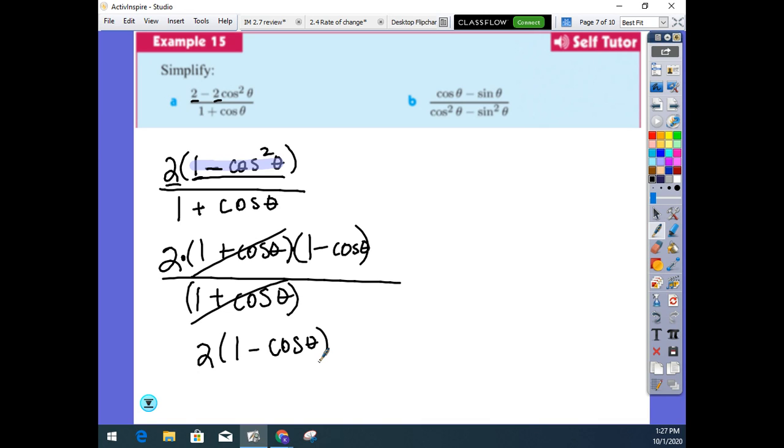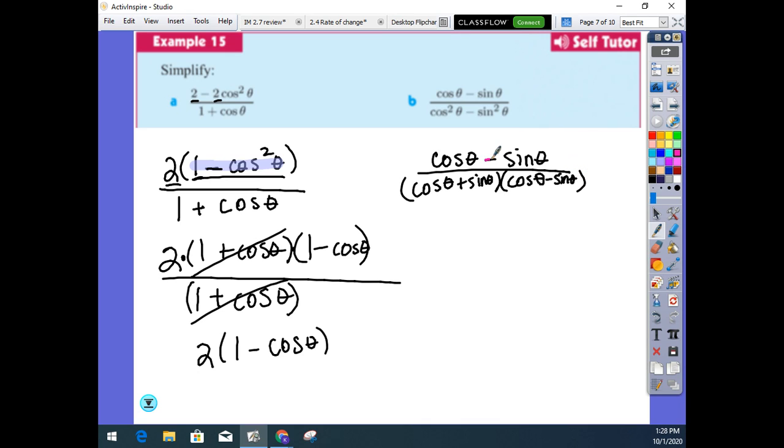Okay. All right. The top, nothing can be done because there's no squares. In the bottom though, I'm just going to bring down my numerator. I'm going to factor the denominator, cosine, cosine, plus sine, minus sine.